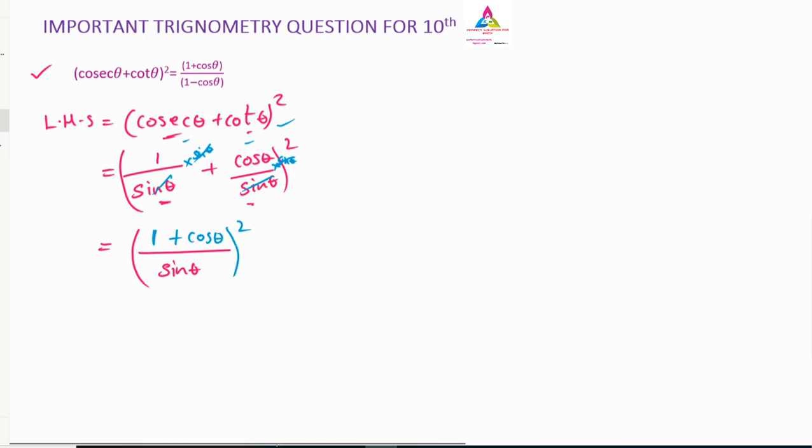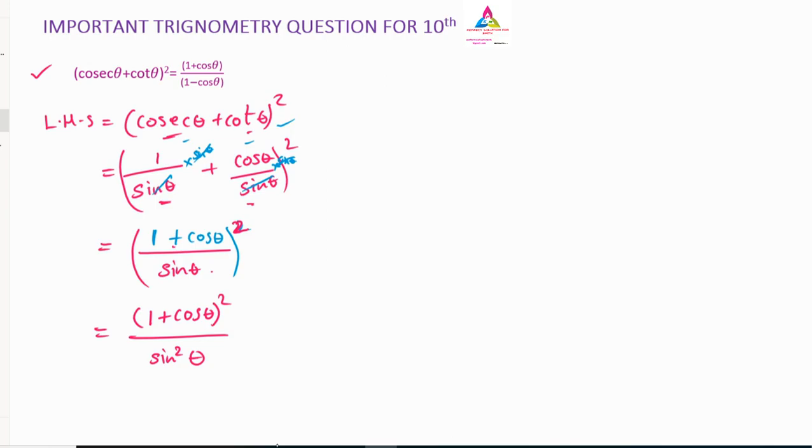See here, half of the answer is already solved. Using the identity we have to move further now. This square that we have over here is for both the numerator and the denominator, so we will take it separately: (1 plus cos theta) the whole square divided by sine square theta.